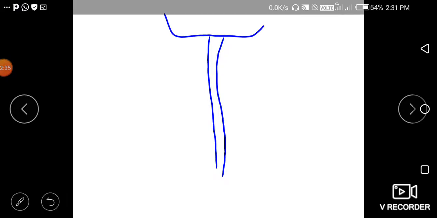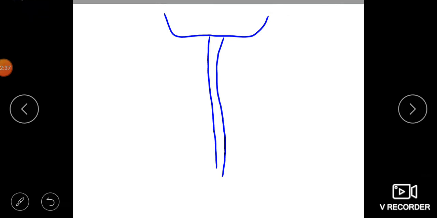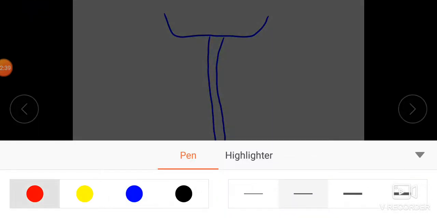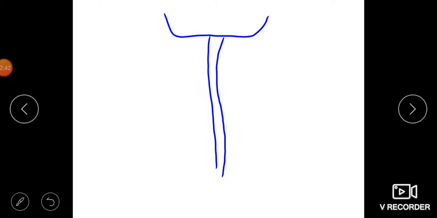See, this is what we have discussed. This is the windpipe or the trachea, and this one is the larynx or the voice box. Then on either side of the trachea there is an H-shaped gland, that is the thyroid gland.